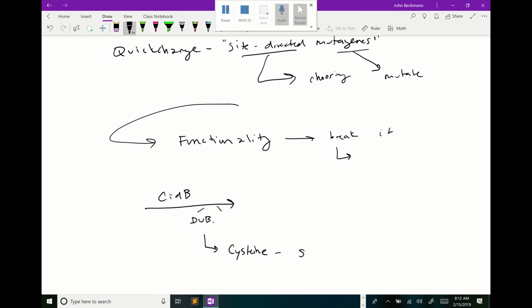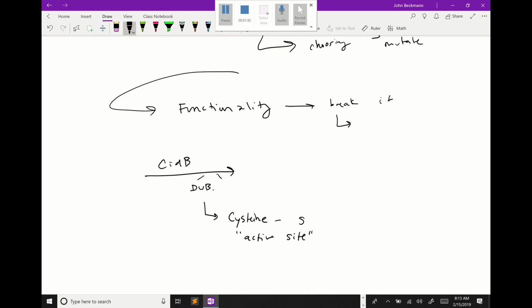And that sulfur is important in the enzymatic function of this DUB. So it's basically the active site. This is called the active site, and this is actually a really important concept from biochemistry. What's an active site? It's where the enzyme actually grabs things and pushes them together. It's the thing that you need to get that activity to happen.